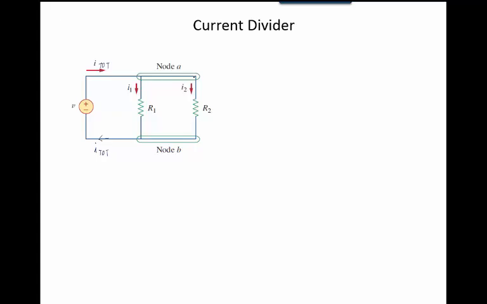Part of the current goes this way, part of the current goes this way, and this is conventional current flow. And then they recombine back here, and you have conservation of charge occurring in this total circuit, correct? So we start with KCL on this circuit because it's a parallel circuit, and so your instructor intuitively told you that you need KCL on this circuit.